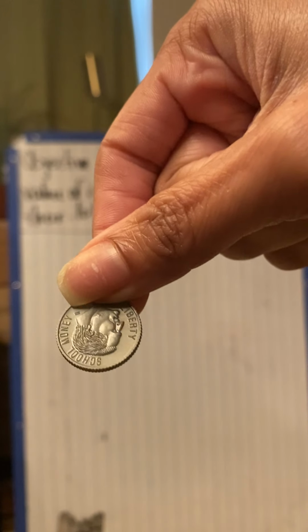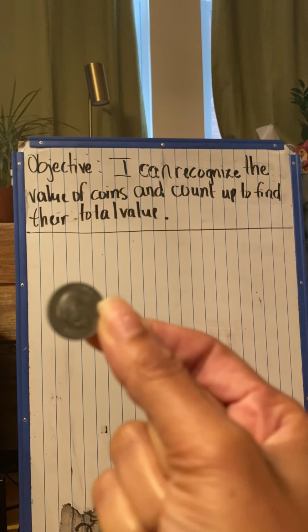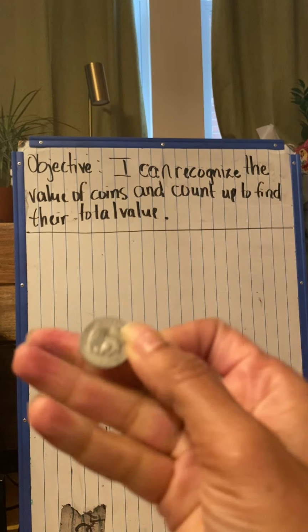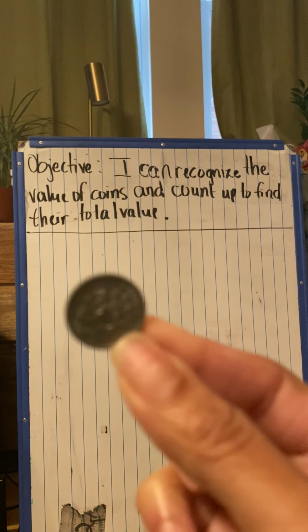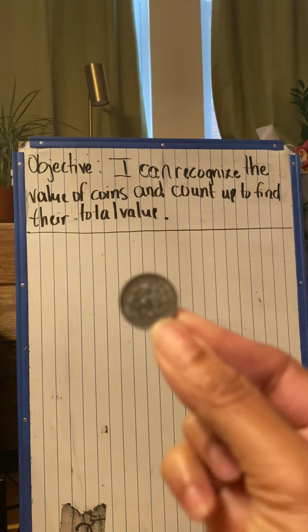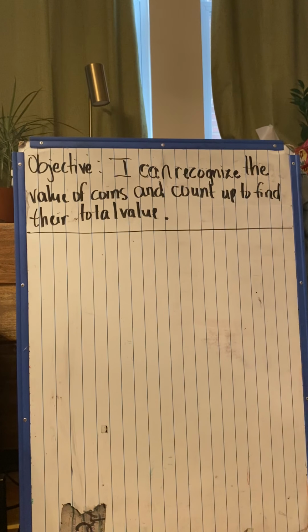This coin is called a dime. How much is a dime worth? A dime is worth 10 cents.